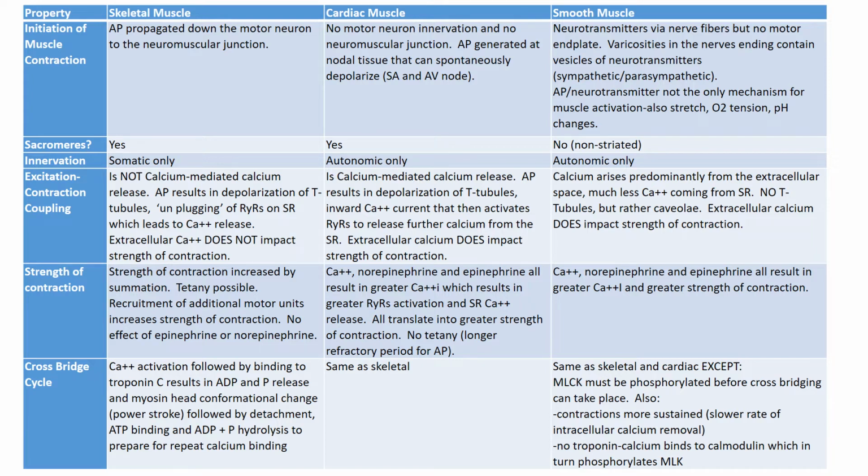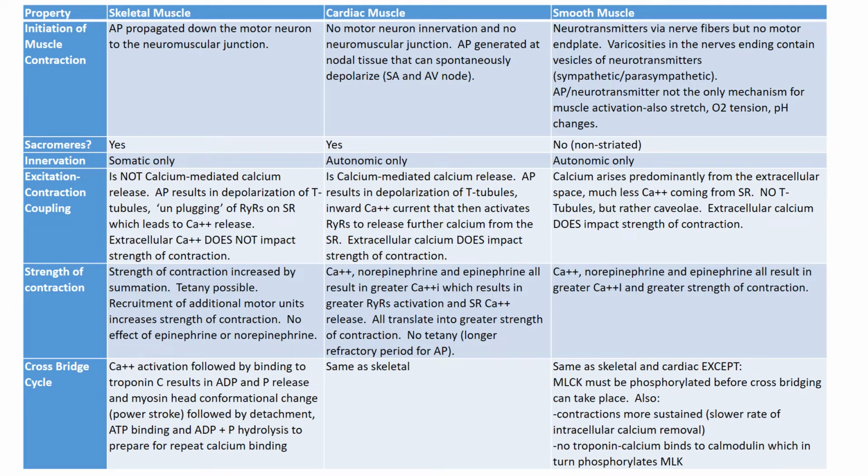And excitation contraction coupling in skeletal muscle, like we spent quite a bit of time talking about, is not calcium mediated, but rather results from an unplugging of the ryanodine receptors on the sarcoplasmic reticulum, which then leads to calcium release. And as a consequence, extracellular calcium concentration does not impact strength of contraction.